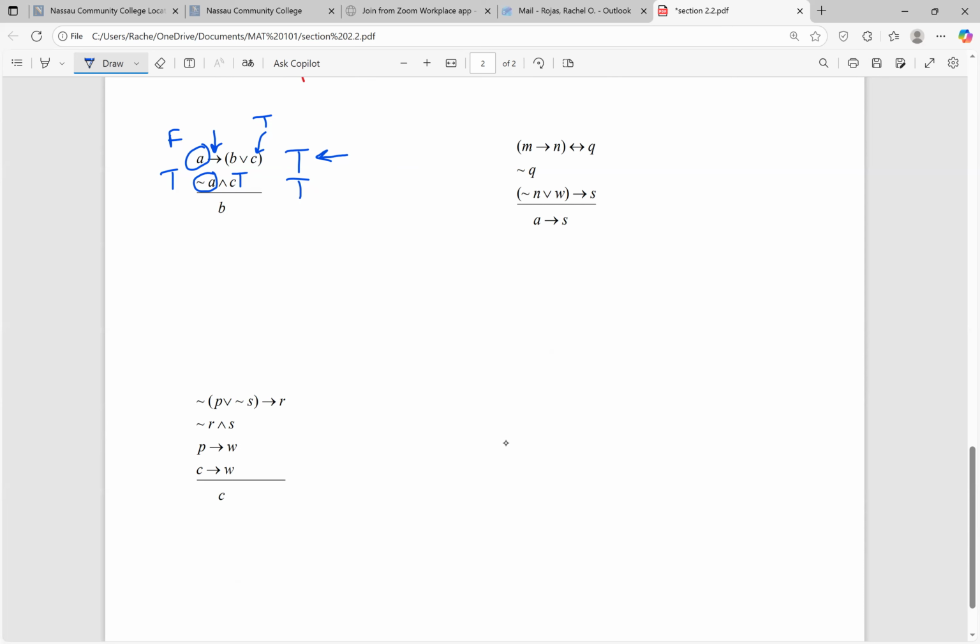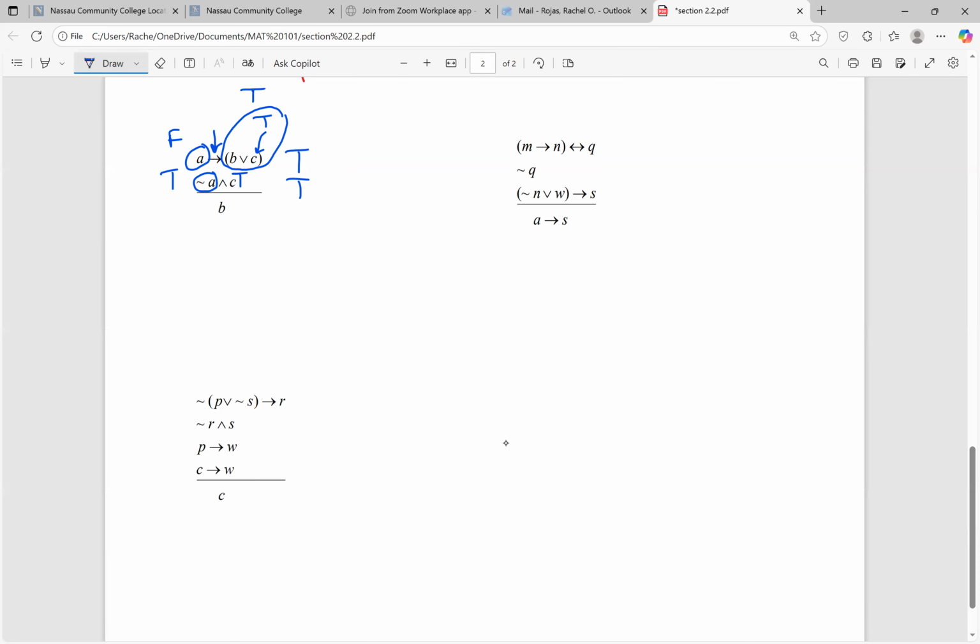But the fact that we have an or statement right here and C is true, whenever we have part of an or statement, the left or the right-hand side, and it's true, it makes the whole statement true, right? So this or statement is true because the right-hand side is true. So we have false to a true, which makes this premise assumed to be true.